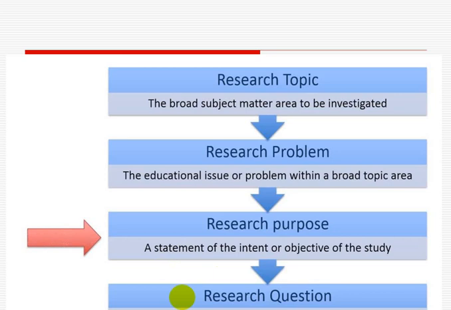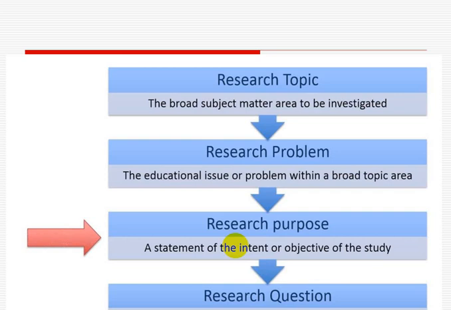It is a statement of the intent or objective of your study. What is the purpose of your study? What is the objective of your research? At least I suggest that more than one research objective should be conducted.